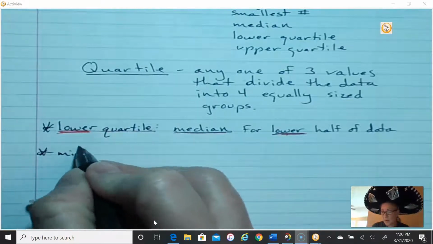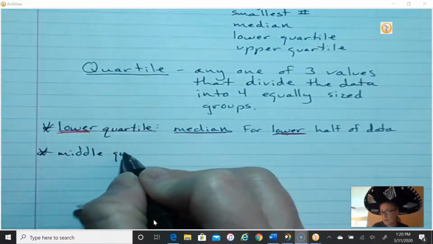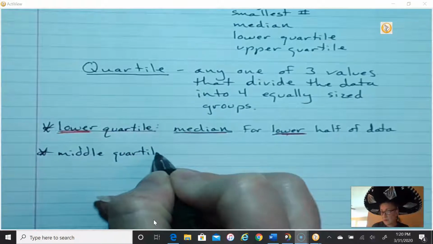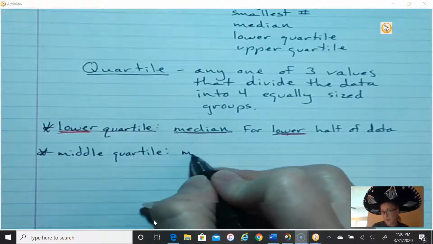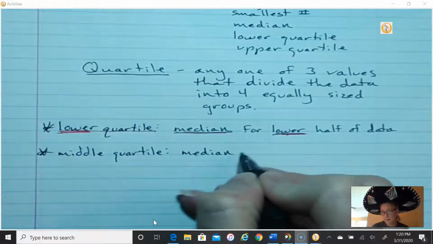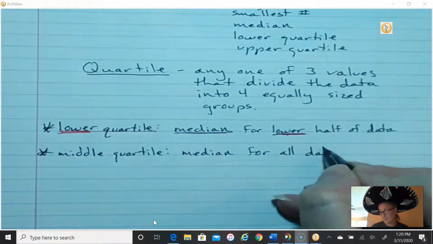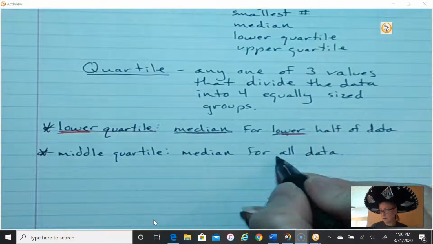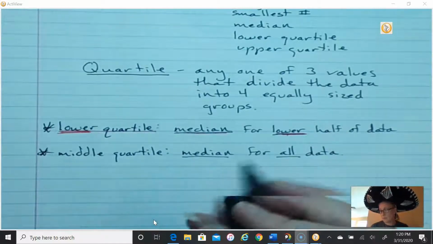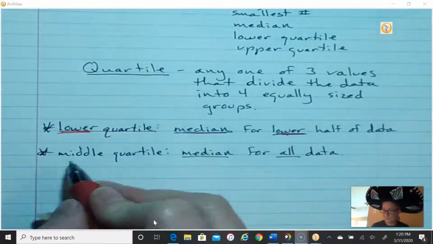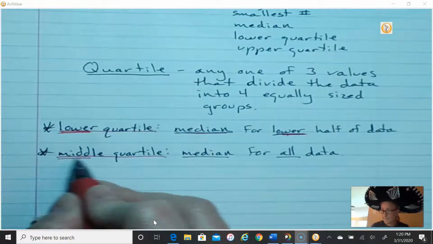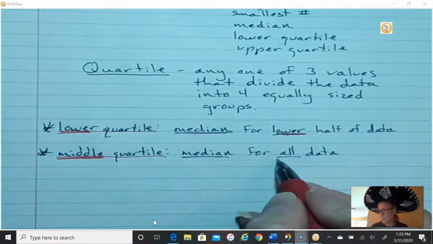The middle quartile is the median, again, for all data. Okay?